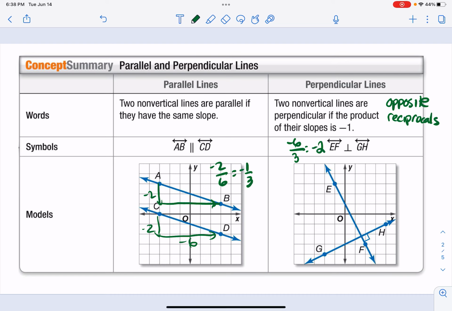Let's see what the slope of GH is. For GH, I go up 3 over 6. You see right away, one's positive, one's negative, and they are reciprocals of each other. Okay?